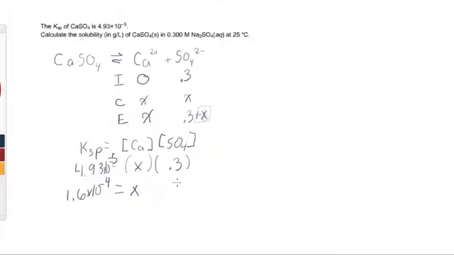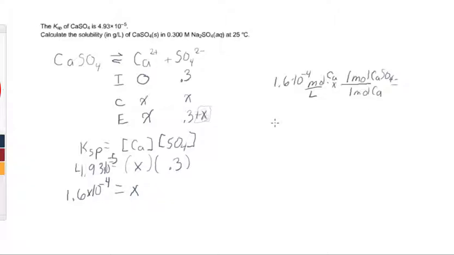Okay, so that is 1.6 times 10 to the negative 4 moles per liter. And that's moles of calcium, and that's also going to be moles of calcium sulfate.